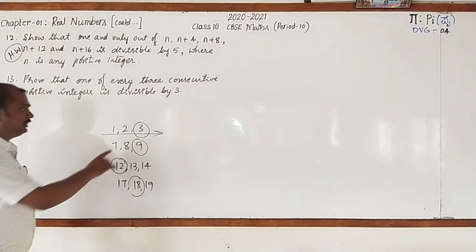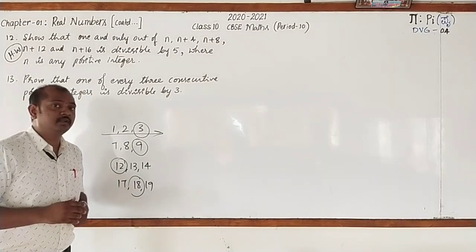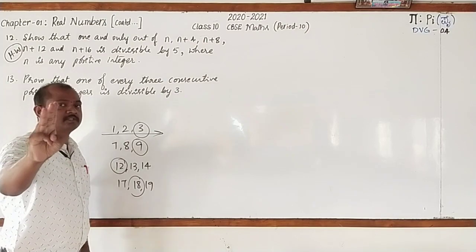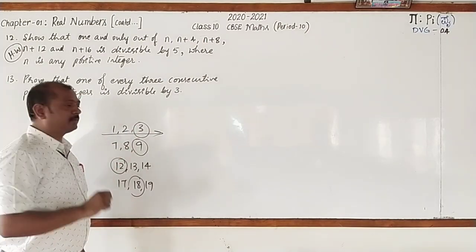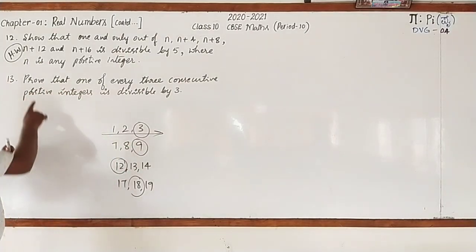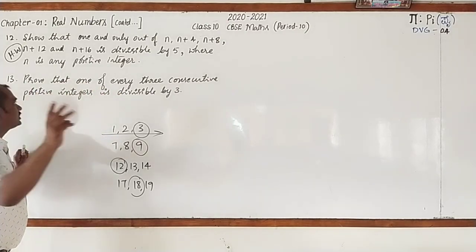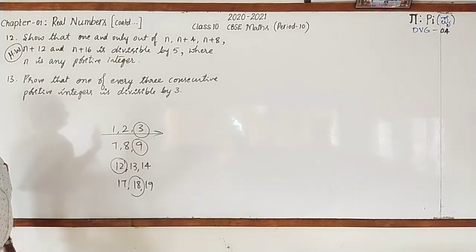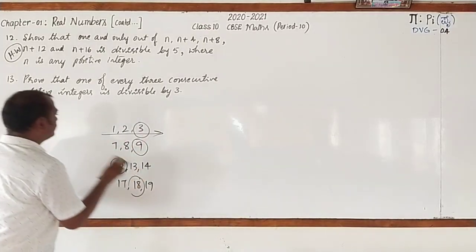They are all divisible by 3. Then can you make a question? Yes. When you take any 3 consecutive positive integers, one of those 3 is divisible by 3. Go through the given statement: prove that one of every 3 consecutive positive integers is divisible by 3. Understood? Okay, now let's go for proving this one.